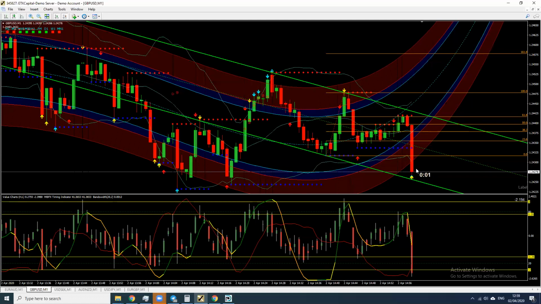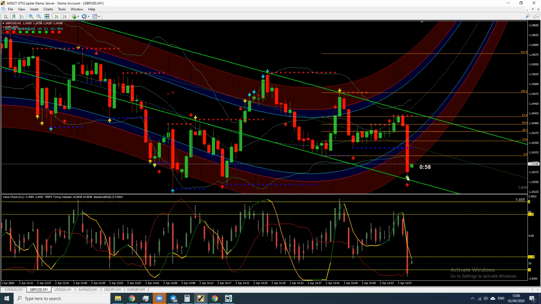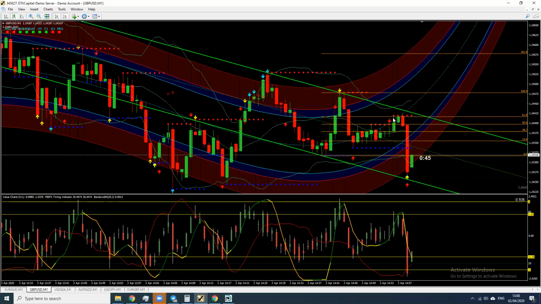Now watch this. You see how it just tipped the SHI line here and then bounced straight back up? You see that? This is the SHI line. We have two channeling indicators. One is the SHI, which is the green lines, okay?